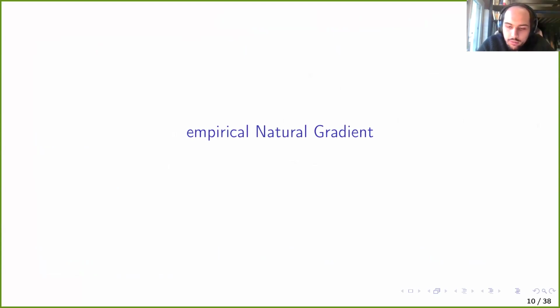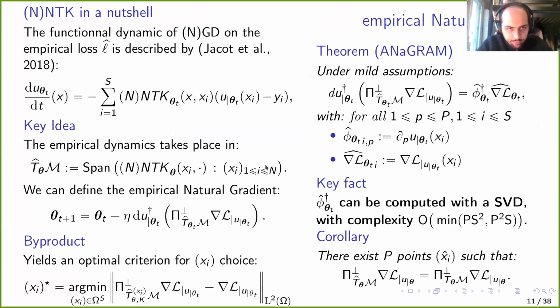And so here we introduce a new idea. If we take a look at the functional dynamic, this is something that is already exposed in the seminal work, I mean the paper that introduced the NTK, that in the functional space, we can write the dynamic through this equation.